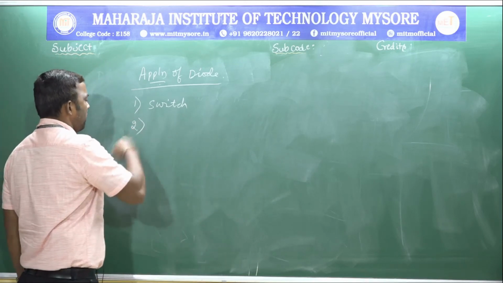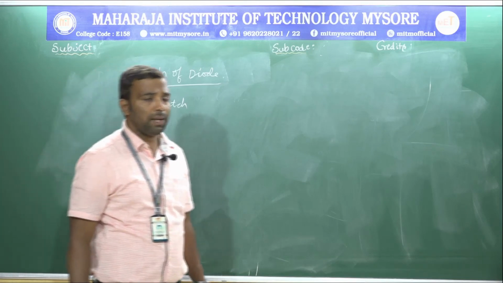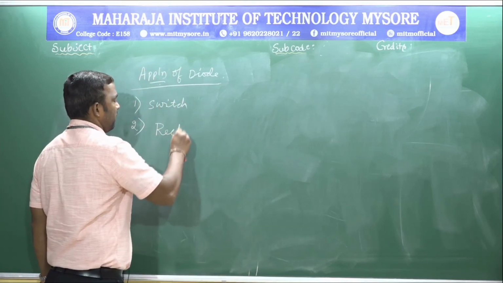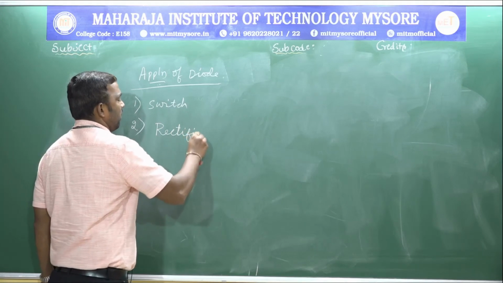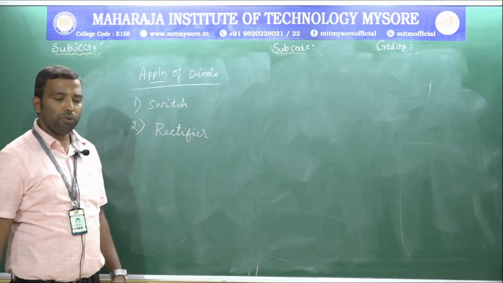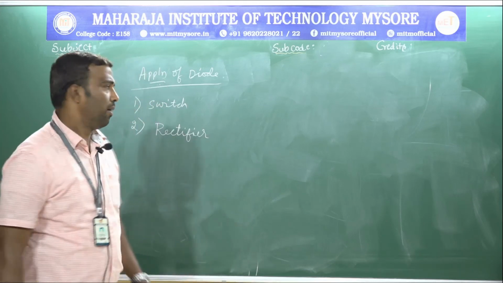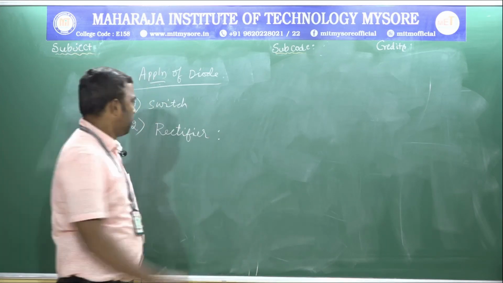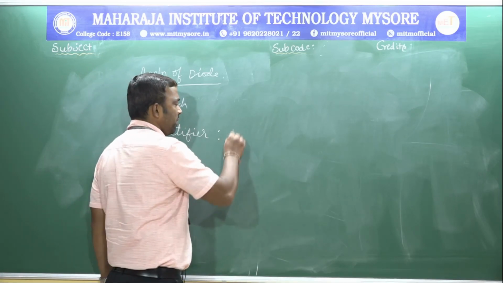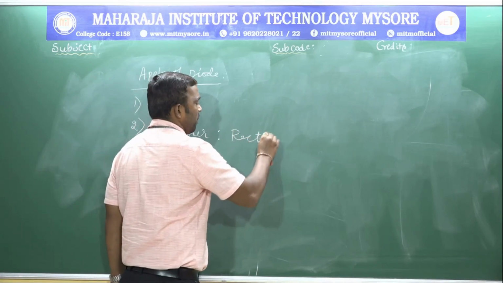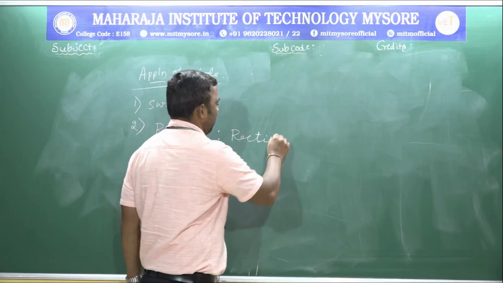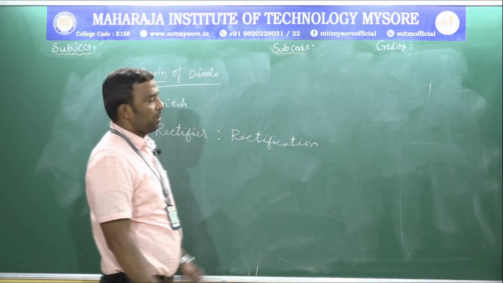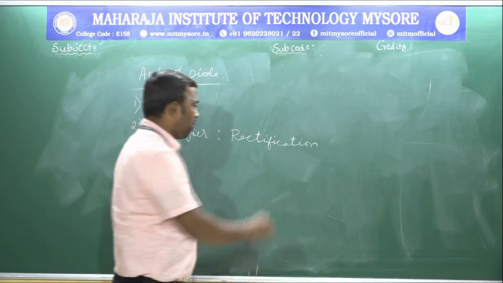The second main application is rectification. It is used as a rectifier. What is the meaning of rectifier? A rectifier is a device which performs the rectification operation.